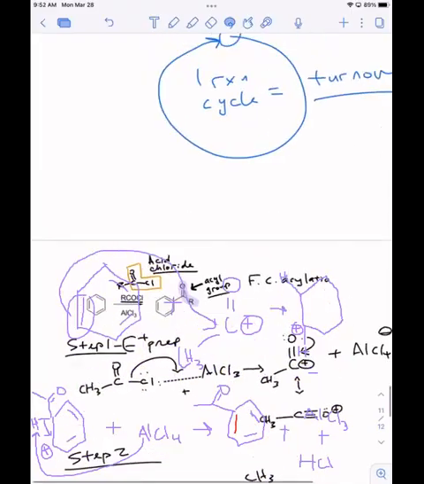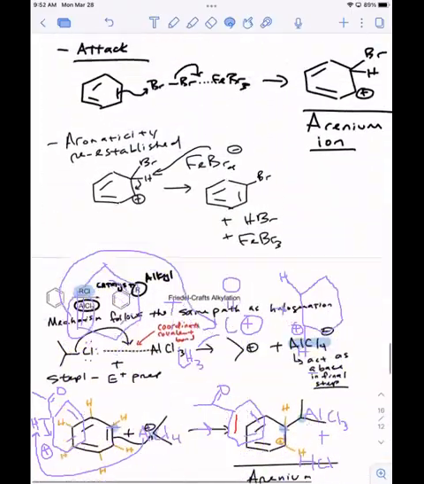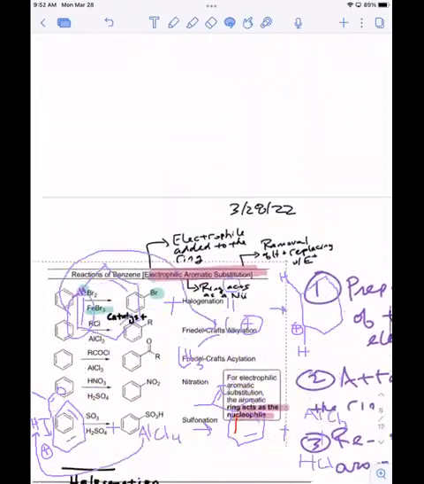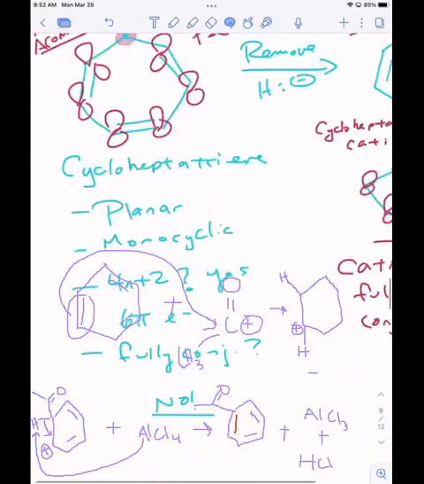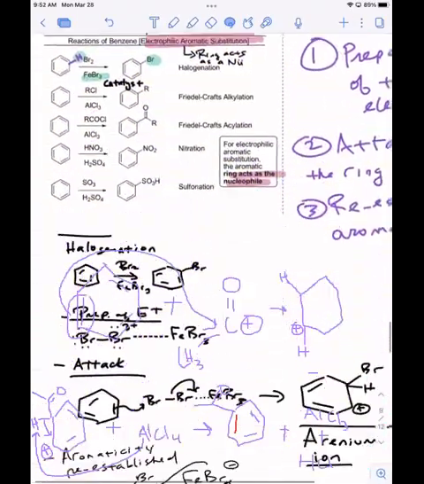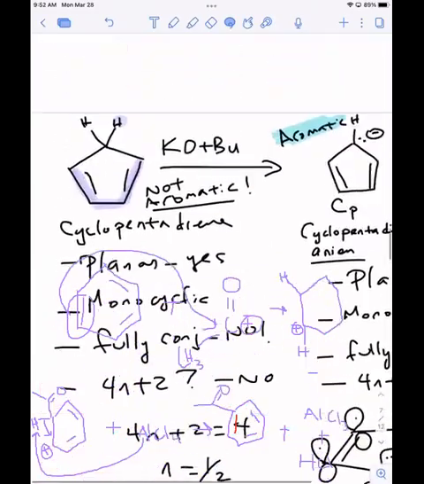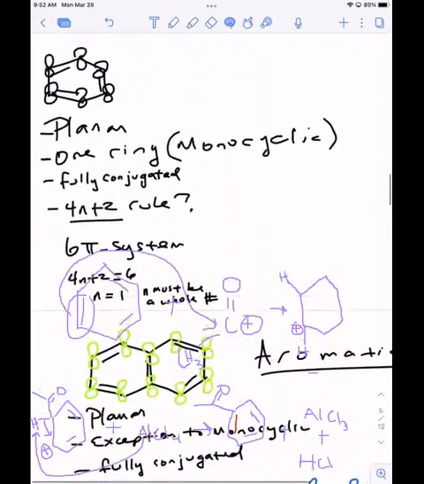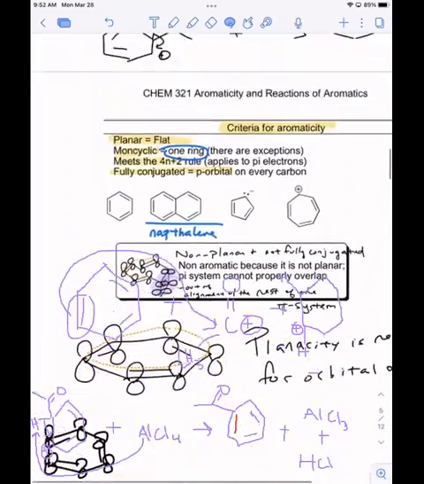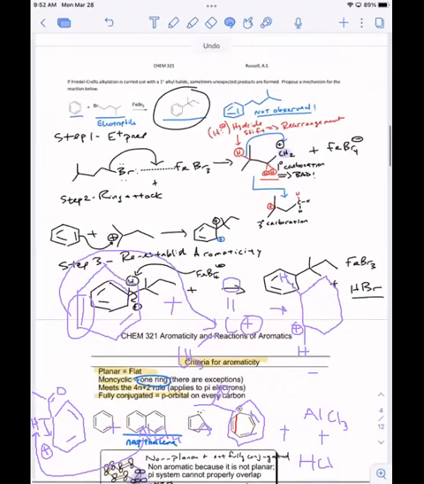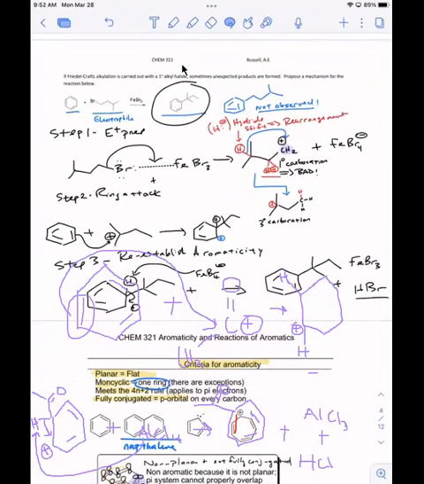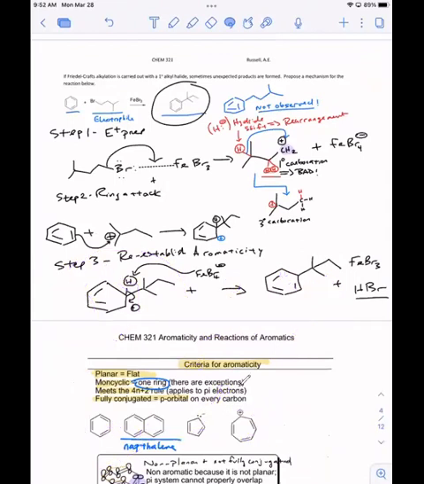You mean up top with the rearrangement? Yeah, it's the rearrangement, the hydride shift one. Let me go back to that. There we go. All right.